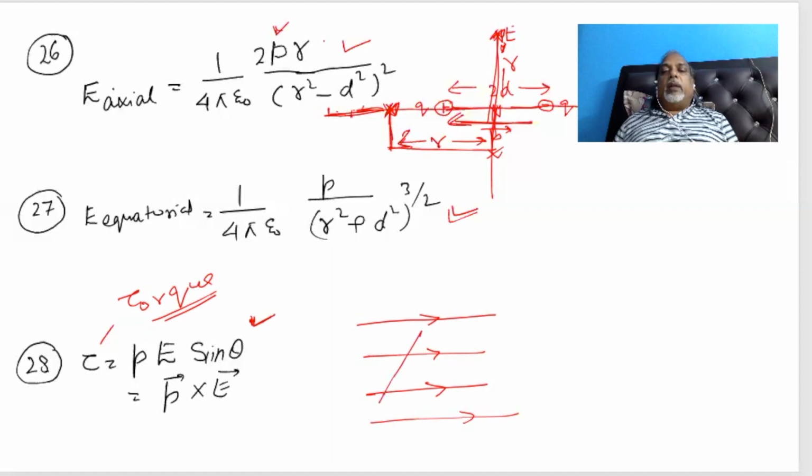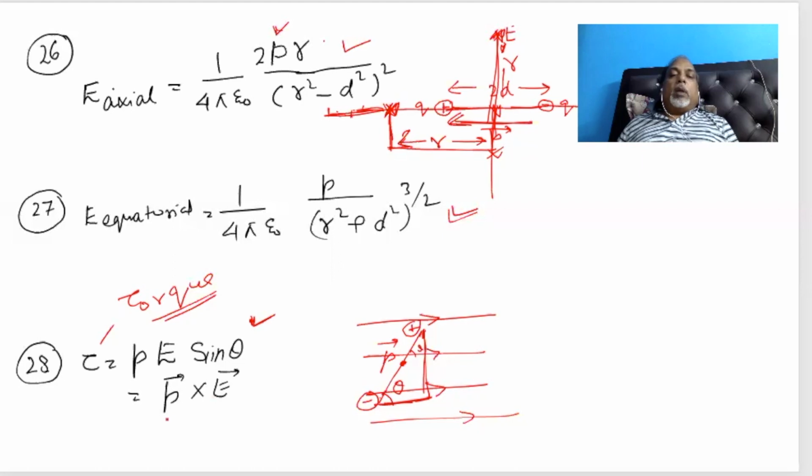You have a dipole like this. This is the midpoint. Then it will have P. This is your P into E sine theta. Basically it is the perpendicular distance. This is the cross product.